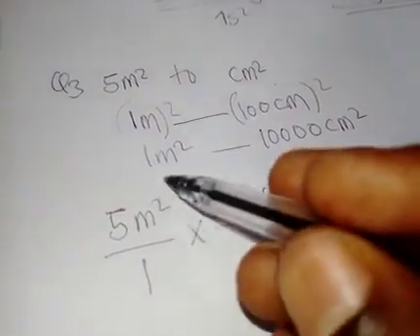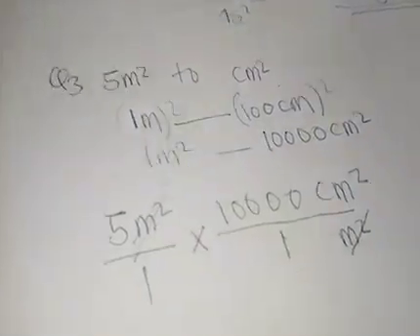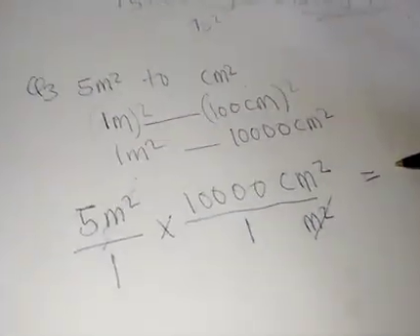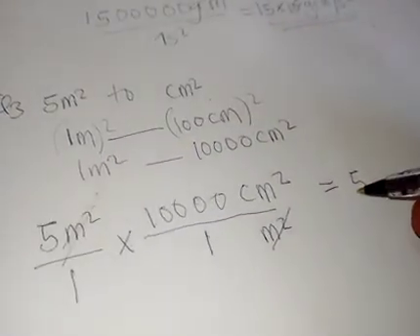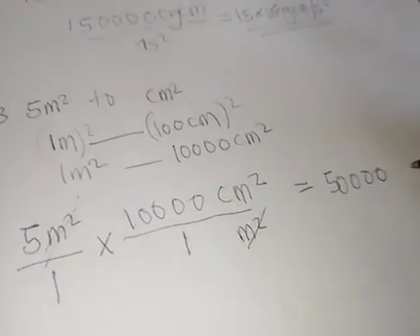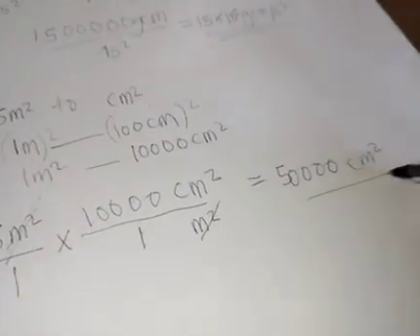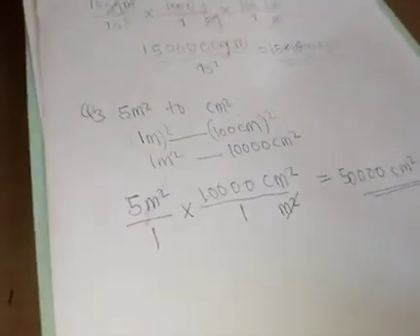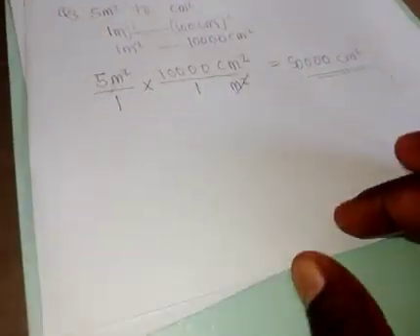Meter squared disappears. Then you write what remains. We have 5 with how many zeros? That's 1, 2, 3, 4, so 5 times 10,000, square centimeters. By doing that, you are done. You've converted. Okay, then question 4.